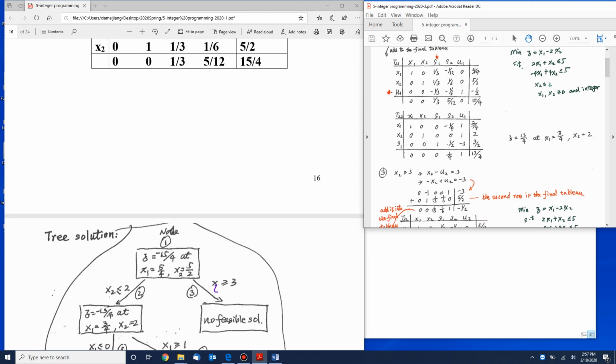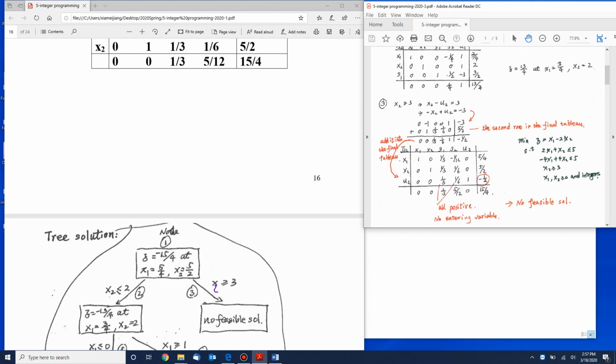We bring the new constraint into the final tableau as the third row. Here you can see it is in the optimal case, but the solution is infeasible.